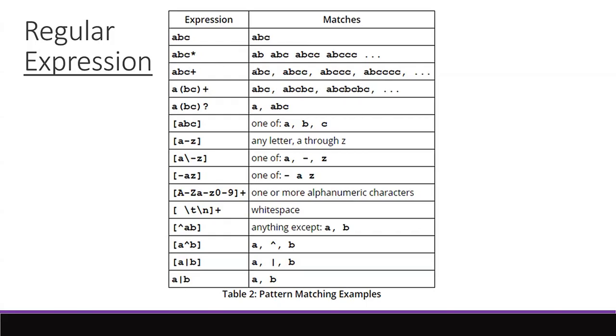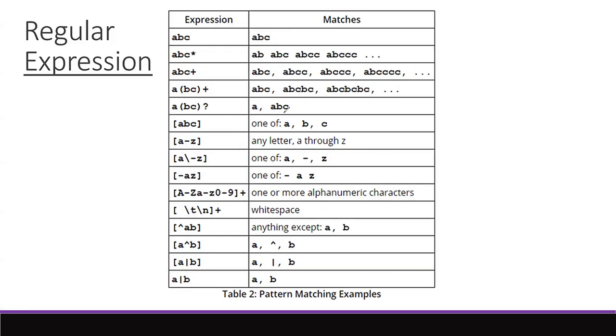ABC plus is actually AB with at least one or more C. One or more C, you have 1 C, 2 C, 3 C, whatever. And A(BC)+ is A and one or more copies of BC. So you will have A BC, or A BC BC, or A BC BC BC. A(BC)? means that you have A and then 0 or 1 copy of the BC.